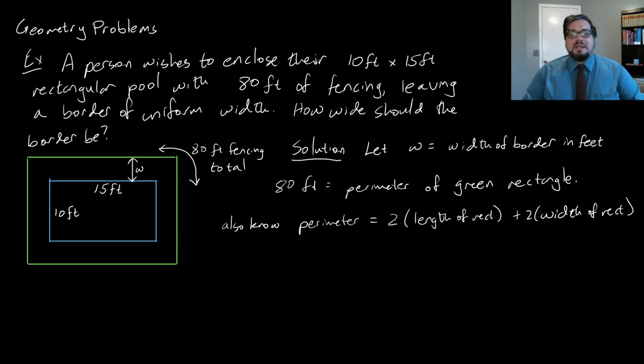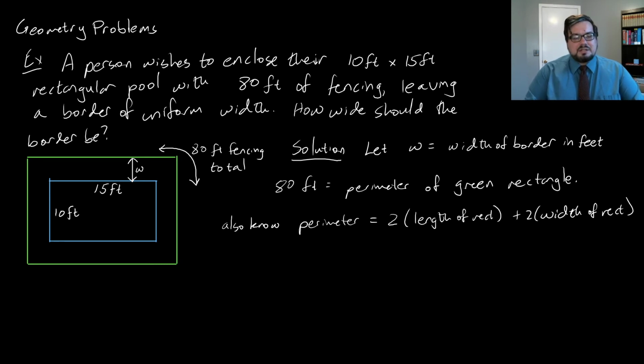So we have two different ways of measuring the perimeter of the rectangle. On the one hand, the problem just tells us that the perimeter is 80 feet. On the other hand, we could get at it by understanding the length and the width of the green rectangle. So let's work on that.